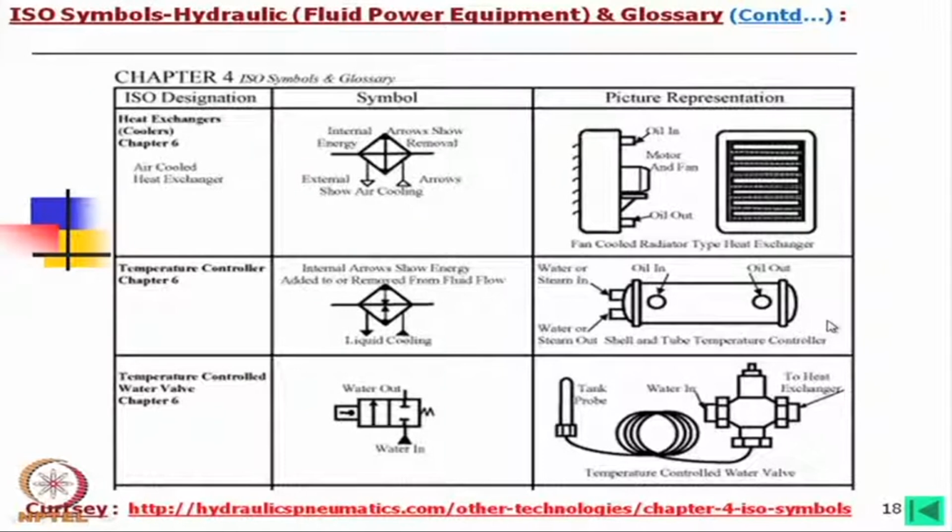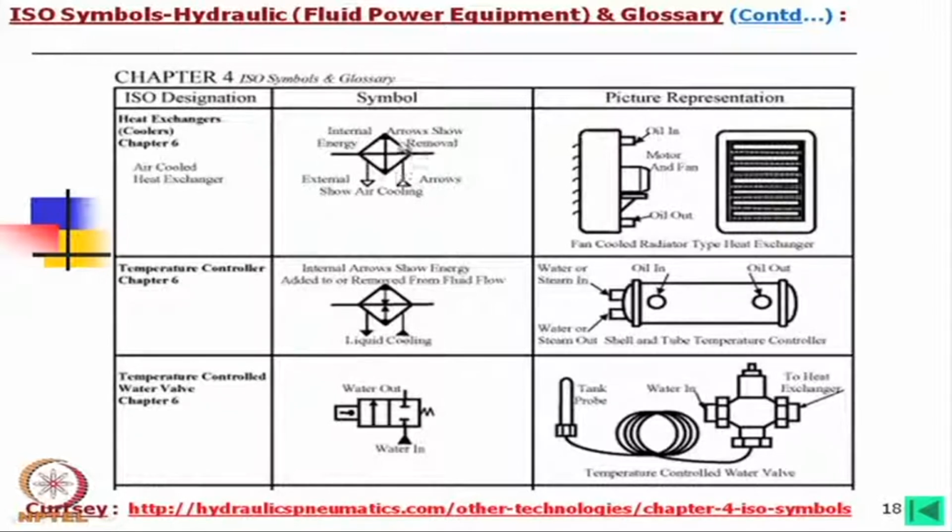Now, if we look into coolers and heat exchangers, then we will find that this symbol is used. In this case, this is not filled, means these are cooled by air. So, what is there? It is some sort of radiator system.